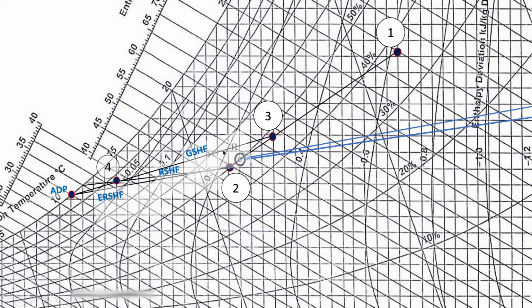And the grand sensible heat factor line is the line connecting the mixing point and the apparatus dew point temperature. So in this way, we can locate different points: point 1 is the outside condition, point 2 is the inside room condition, point 3 is the after-mixing condition, point 4 is the condition of air after passing over the cooling coil. And we can draw different sensible heat factor lines, that is, the effective room sensible heat factor line, the room sensible heat factor line, and the grand sensible heat factor line.